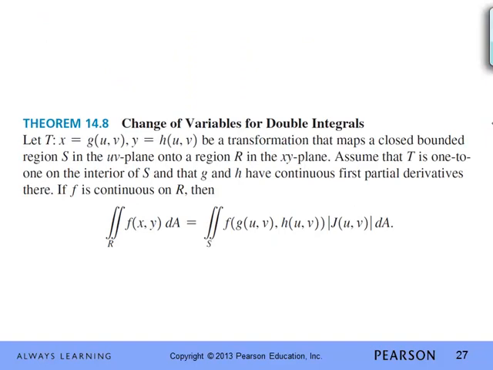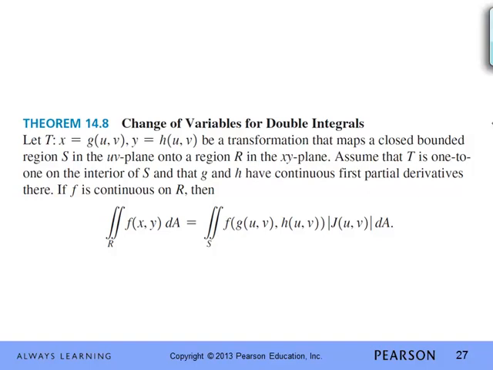What this is going to tell you is that if you're going to switch from the x and y coordinates to the u and v coordinates, whatever u and v are, then you take that function of u and v, which is what x is, and you put that in for x in the function. Likewise, you replace y by that other function of u and v.